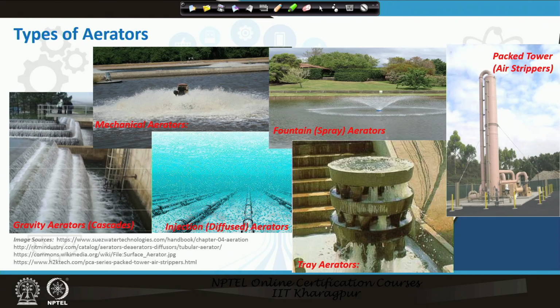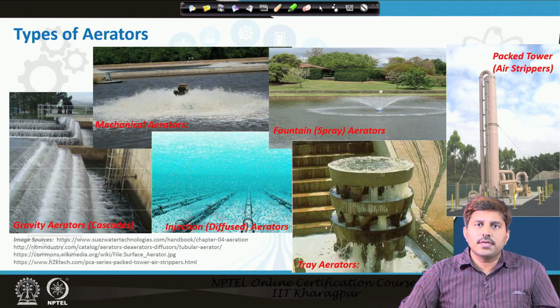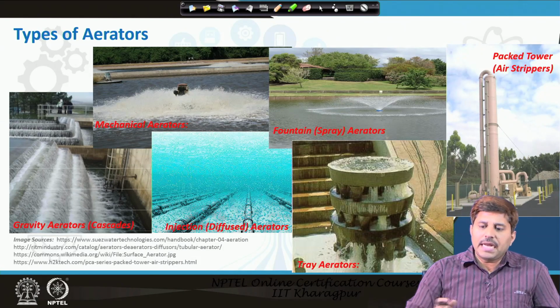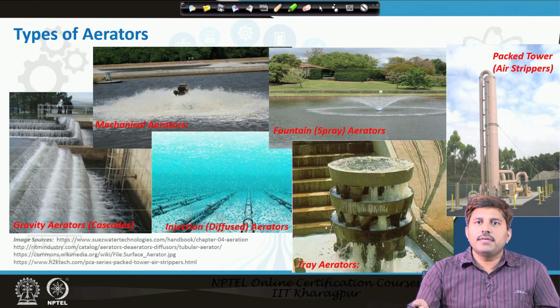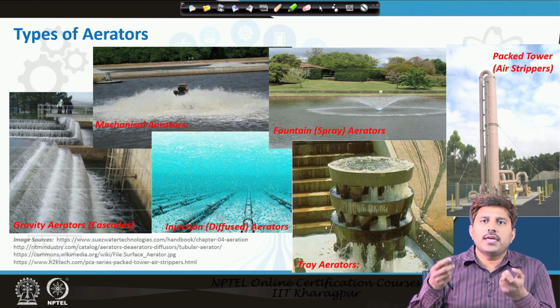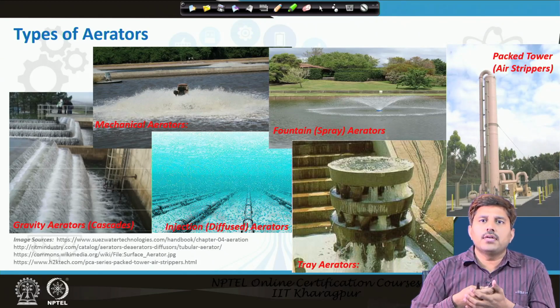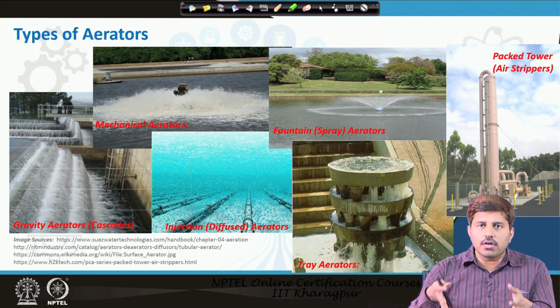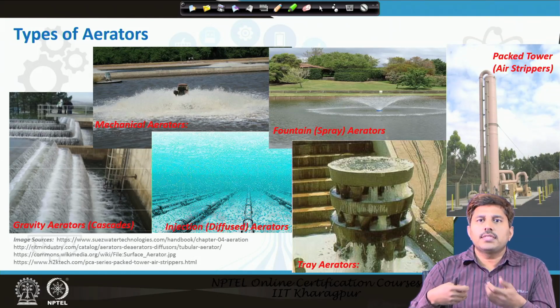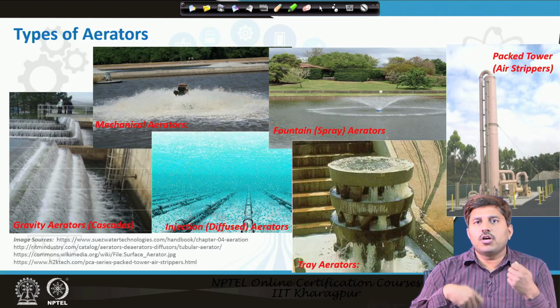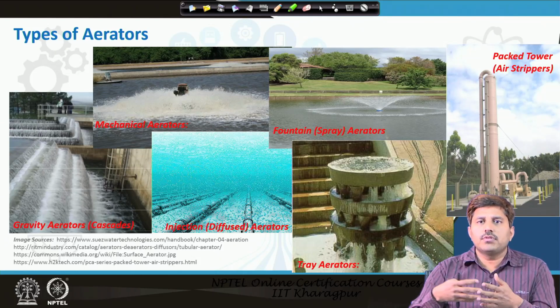Now the different types of aerators have different efficiencies. There are distinct advantages and disadvantages, okay. Like the packed tower: if you try to remove iron and manganese through a packed tower, because it is packed, the iron and manganese will precipitate and clog the system. So you will see either water flow is stopped or air flow has stopped.